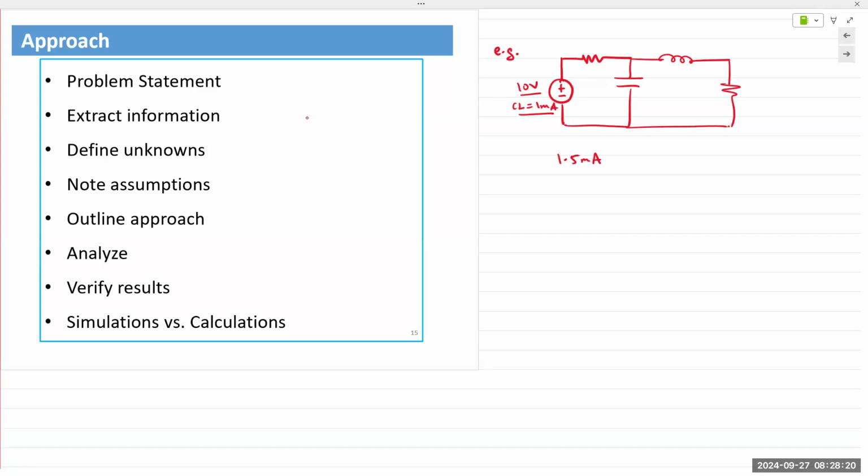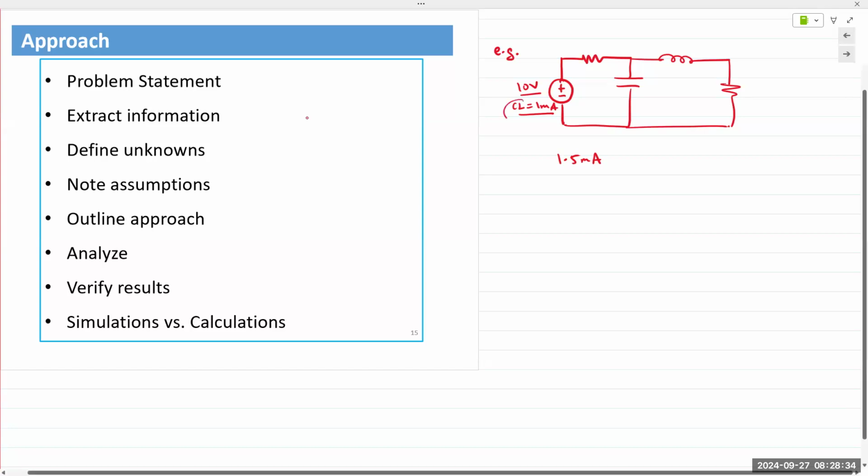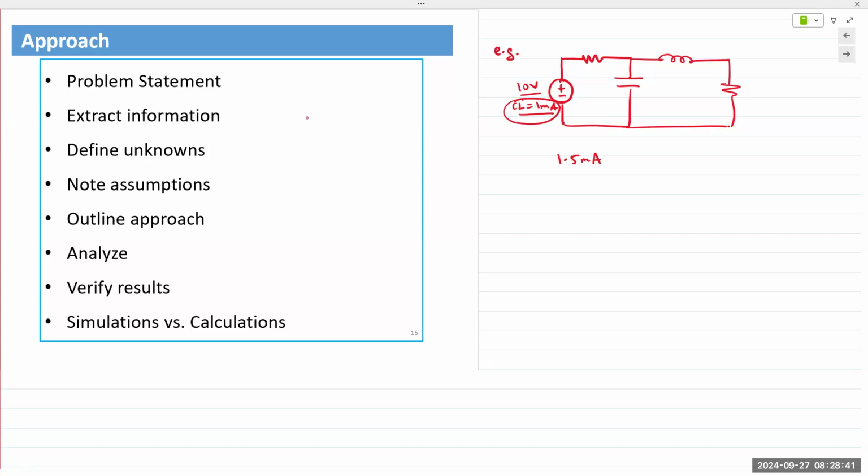Does that make sense? So if you miss that, you would have done everything correctly. Your approach would be correct, your methods would be correct, your analysis would be correct, your calculation would be correct, but your final answer would be incorrect because of this tiny detail. And so when I state extract as much information as you can, that is what I'm referring to.